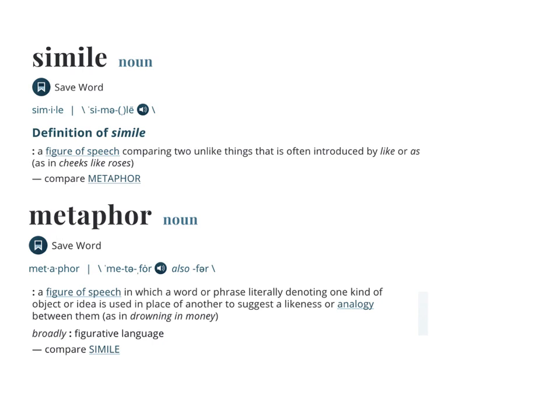If I say God is a consuming fire, I don't literally mean that he is the combustion of organic materials. I mean that he has characteristics of a consuming fire, right? So that's the difference between a metaphor and a simile, and we're focusing on simile.